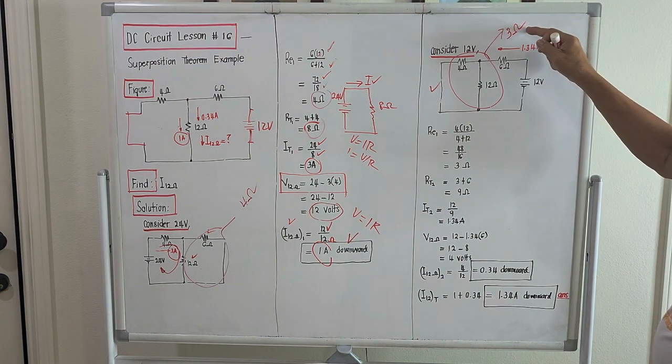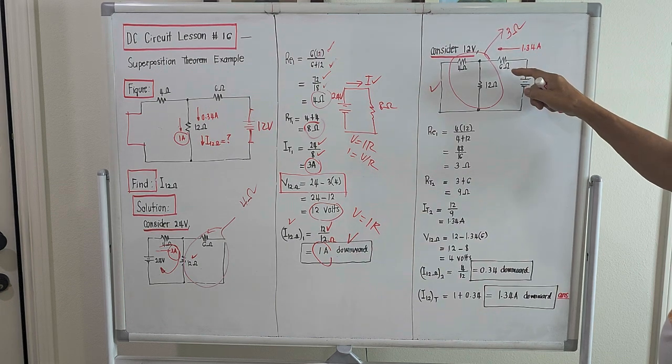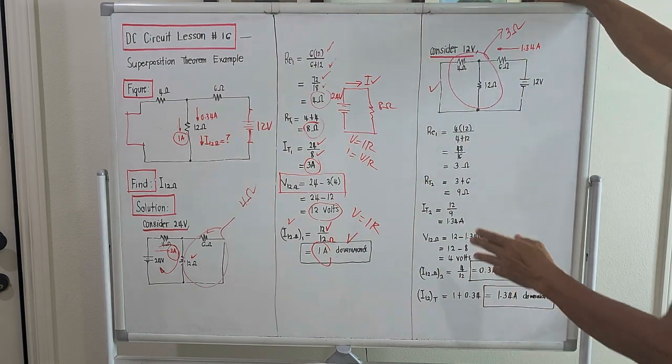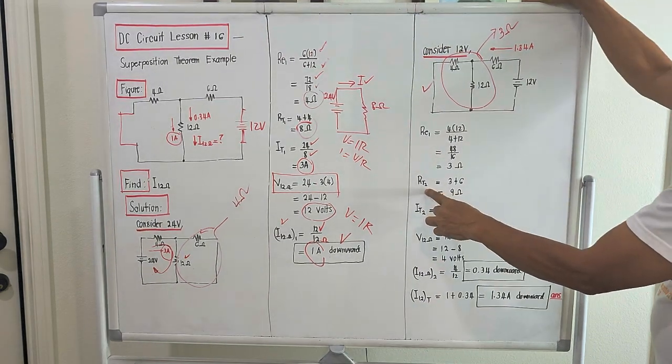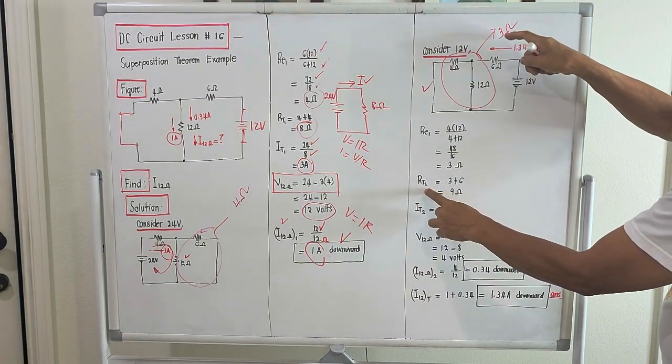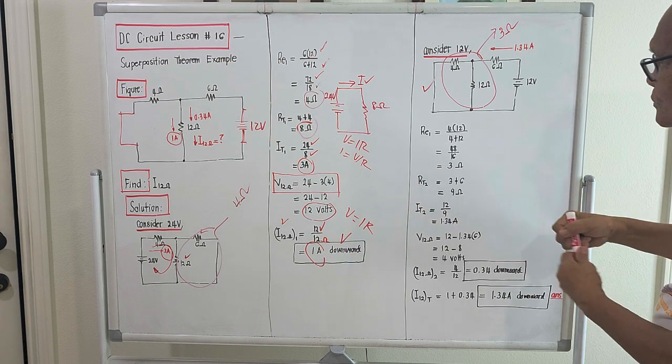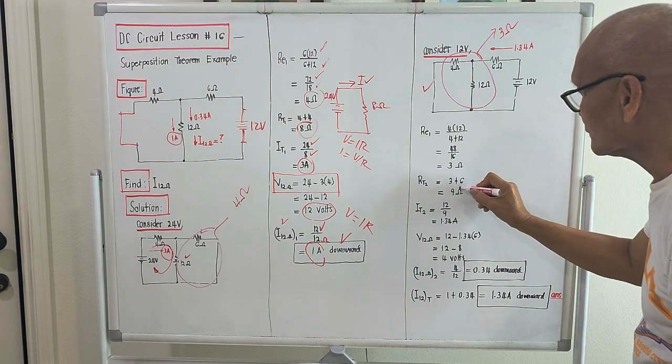This 3 ohm here will now be in series with the 6 ohm. So I place it here, capital letter R with the subscript T2 will be equal to 3 plus 6. So 3 plus 6, that will be equal to 9 ohms.